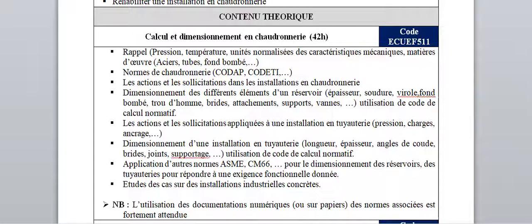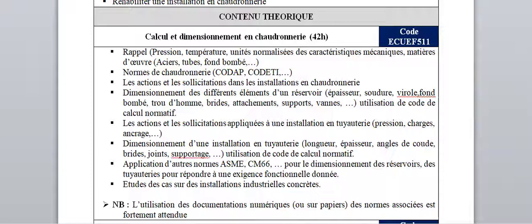The point number 7 will permit the student to apply other standards used in boilermaking, such as the ASME standards and the CM66 standards, in order to size tanks and piping installations to meet a given functional requirement.